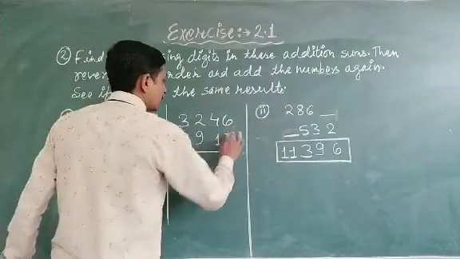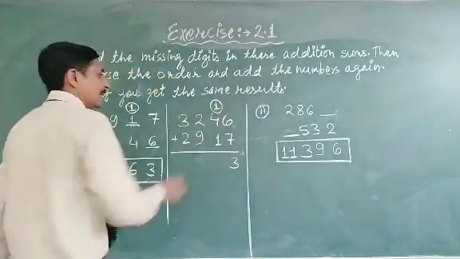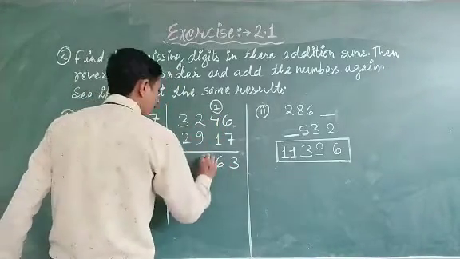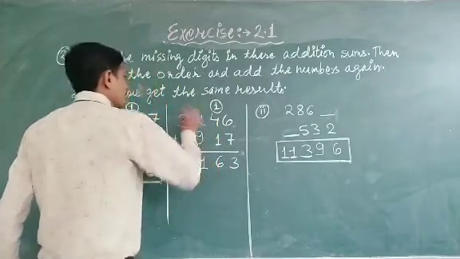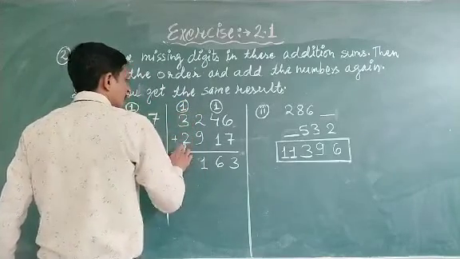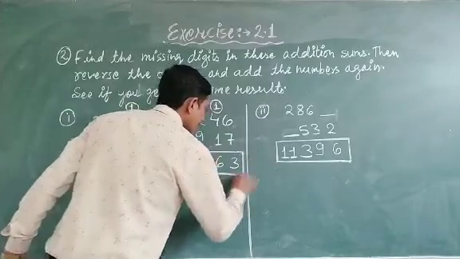You see, 6 plus 7 is 13, 1 is carried here. 4 plus 1 is 5, plus 1 is 6. 9 plus 2 is 11, 1 is carried here. 3 plus 1 is 4, plus 2 is 6.